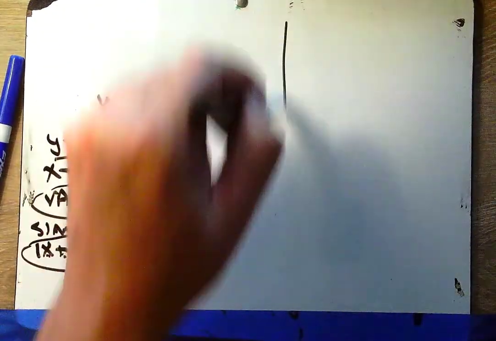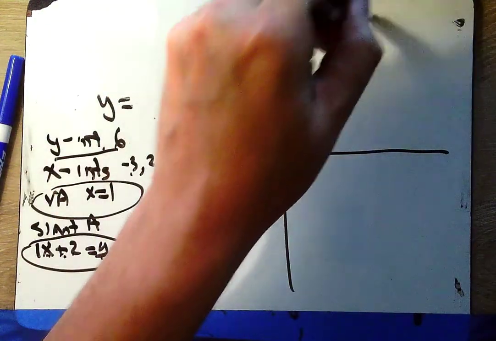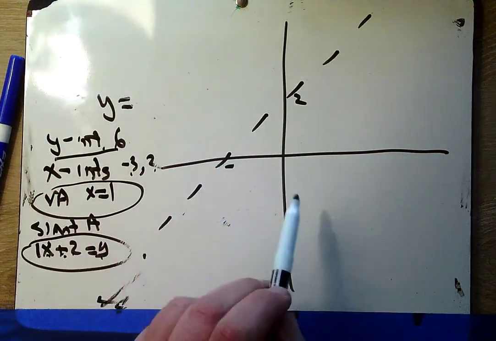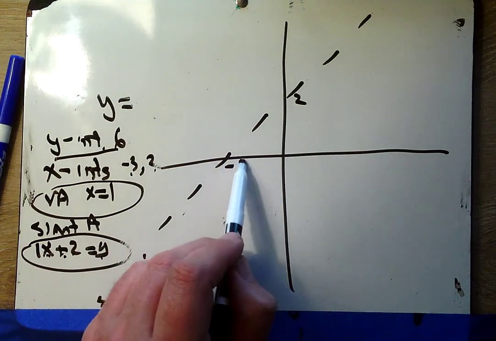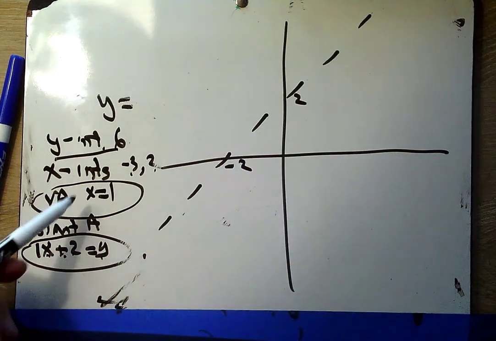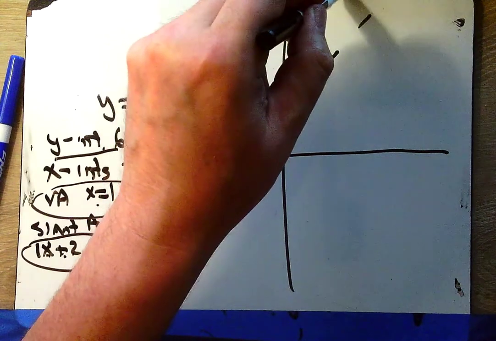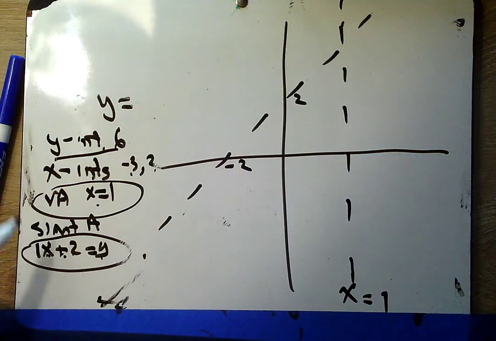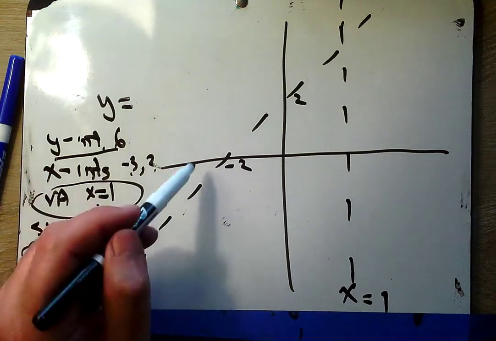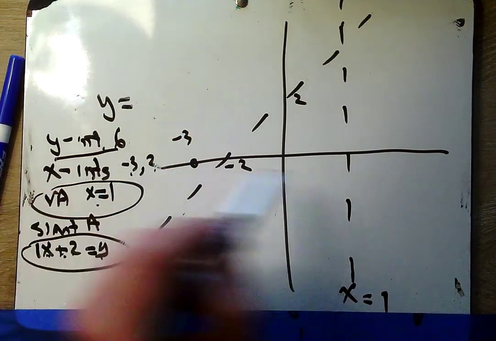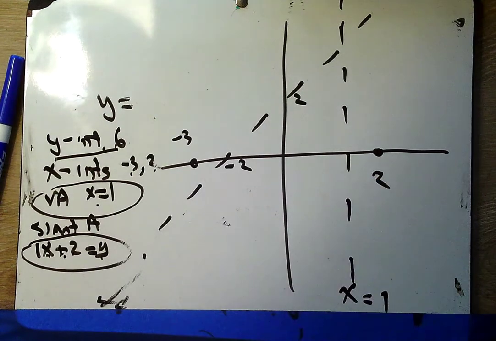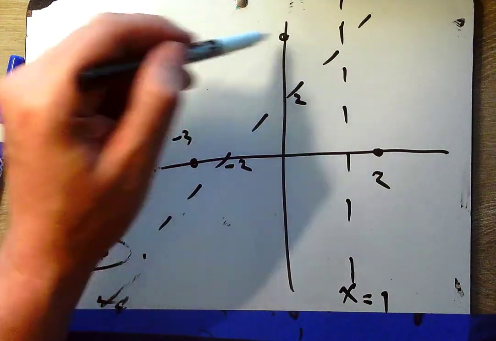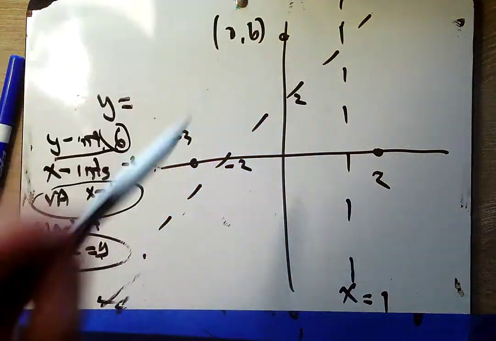So we've got that slant asymptote, and this is 2, and this is negative 2. We've got a vertical asymptote at 1. We have our x-intercepts at negative 3 and positive 2, and our y-intercept way up here at 6. Okay.